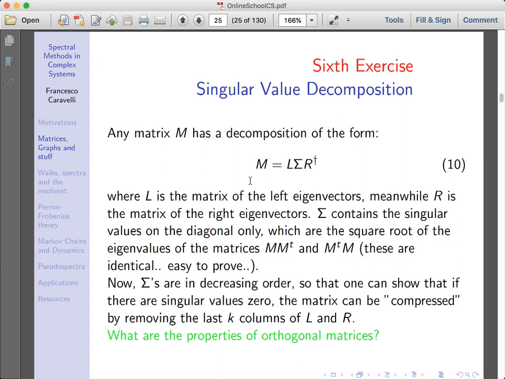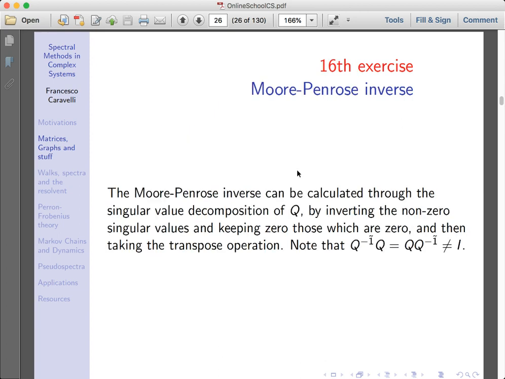What you can do is invert the elements in the diagonal matrix sigma, those that are non-zero. And this is your definition of Moore-Penrose inverse, which is nothing more than an inversion in the subspace of vectors that are not in the kernel of the matrix, which means not in the set of zero eigenvalues.